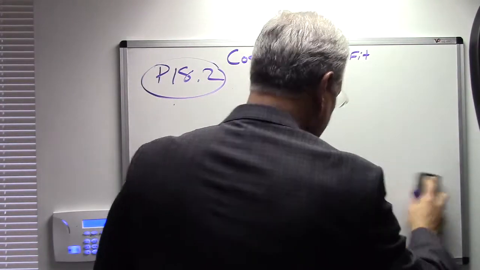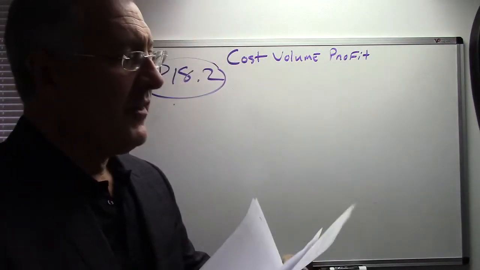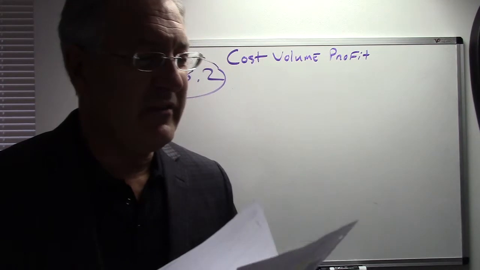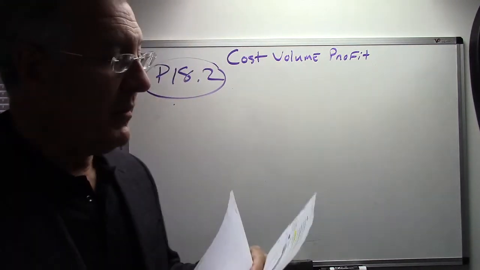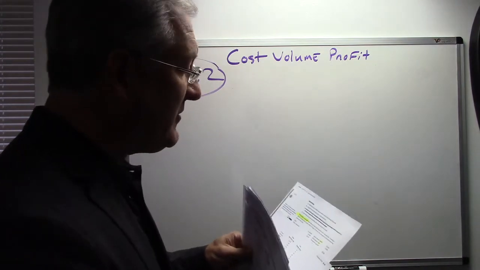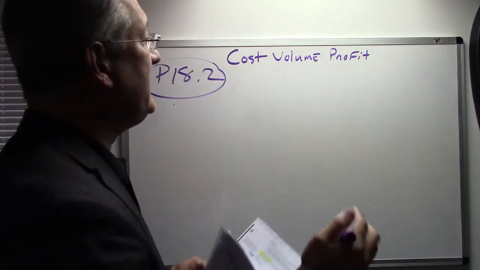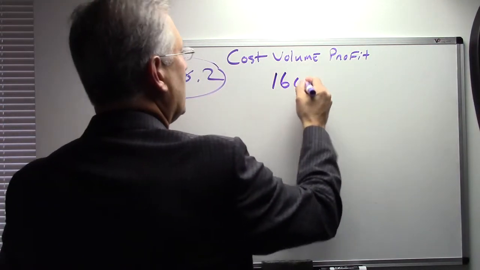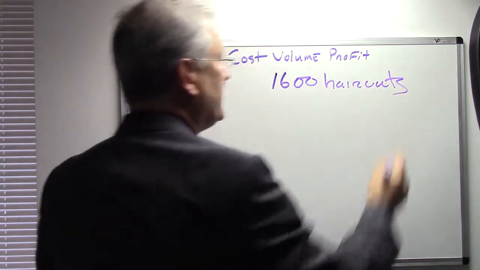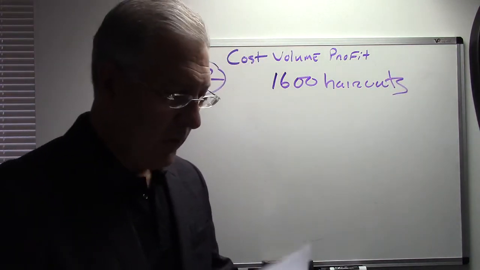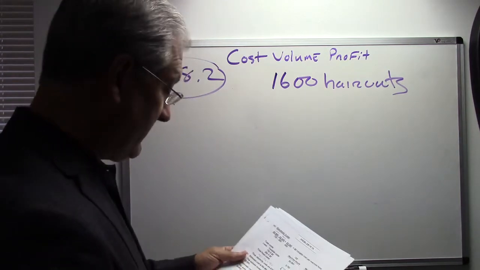Let's look at the next part. They're asking in C to prepare the CVP graph. We don't want to worry about that. But we want to look at D. D says determine net income assuming it's 1,600 haircuts. So what is net income when they sell 1,600 haircuts?